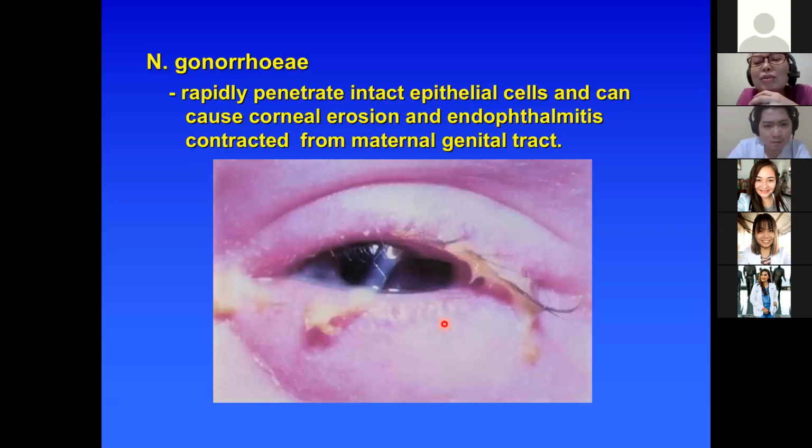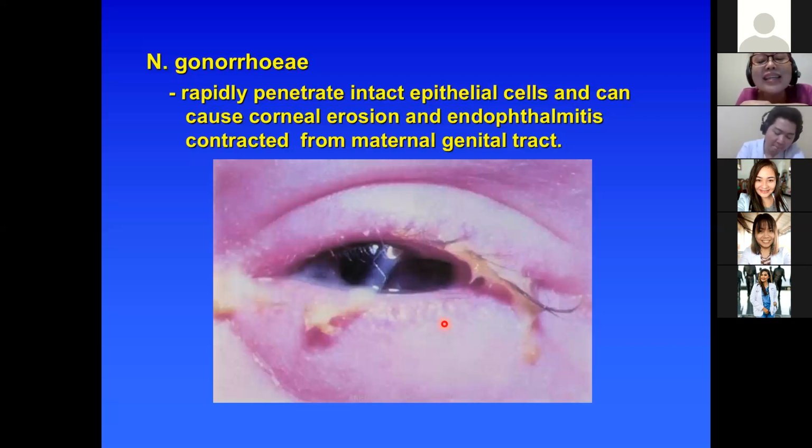So, what will you do if you have a baby with this condition? Isolate the baby. Of course, you will have to treat the baby. You will refer to your pedia.